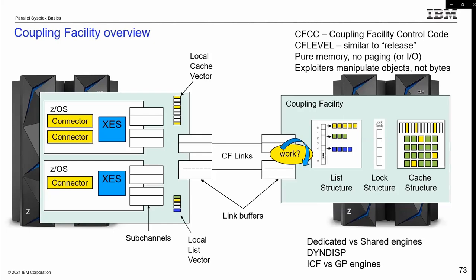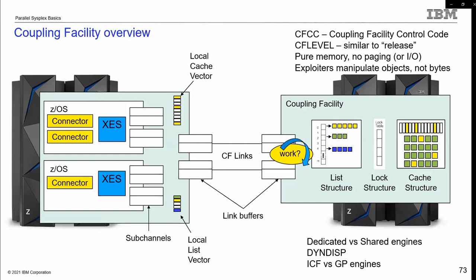Well, that connector can register interest in knowing when the cache has been updated. If they do that, then the coupling facility will automatically send a notification to the CPC where that connector resides. And how does it make that notification?